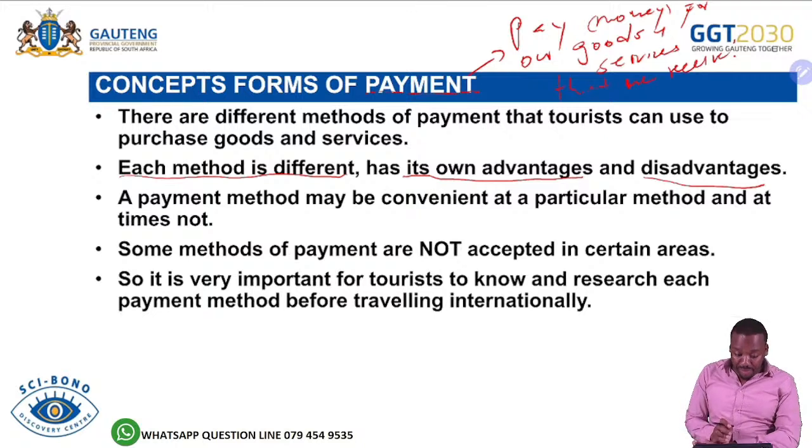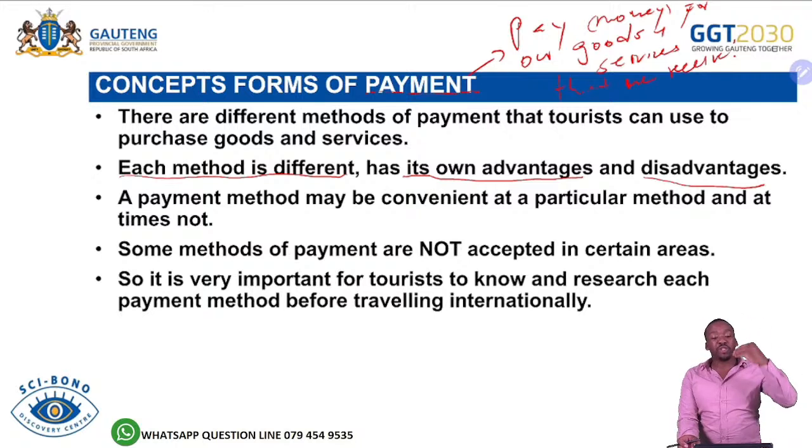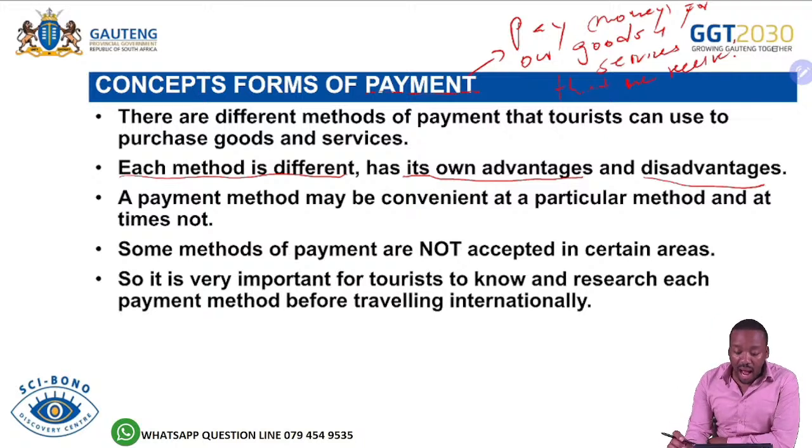Do I know the payment method? Do I know its use? Do I know its advantages? Do I know its disadvantages in the tourism context, especially when it comes to purchasing goods and paying for services we have received?